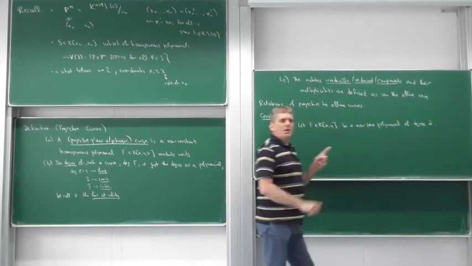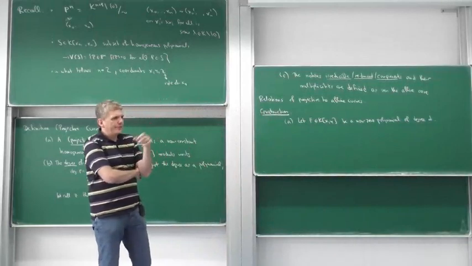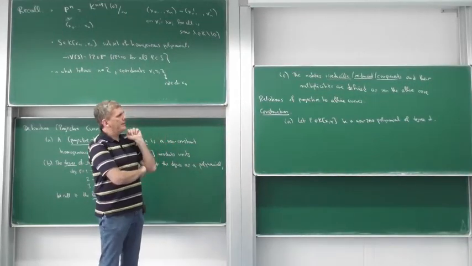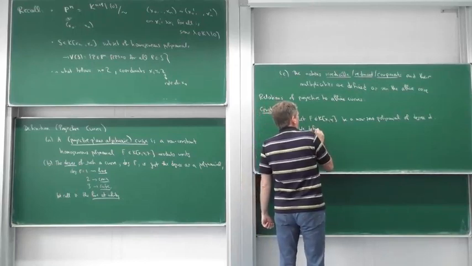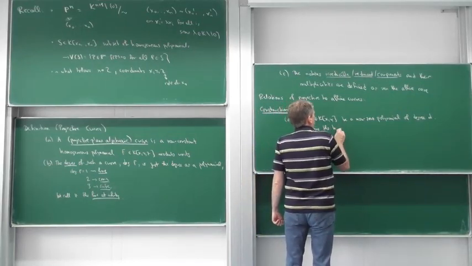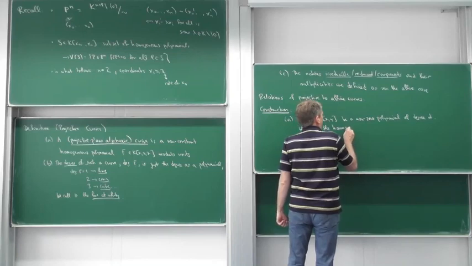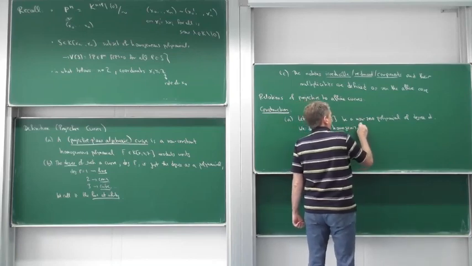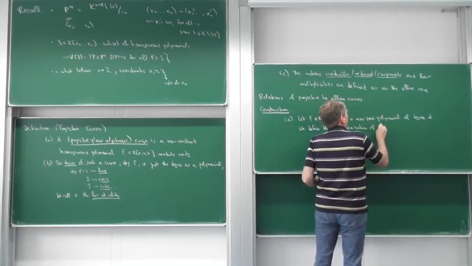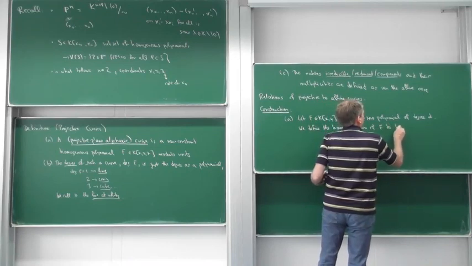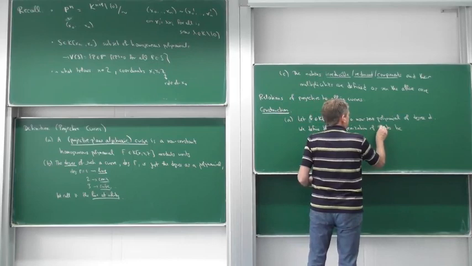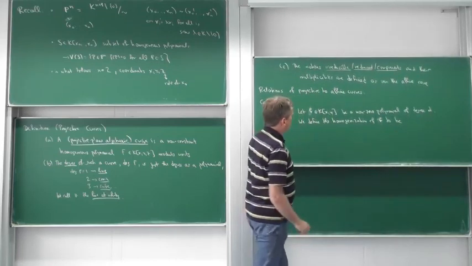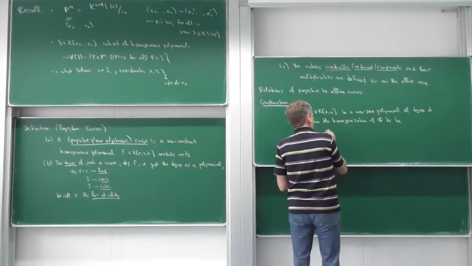Then we define the homogenization by adding another variable to the polynomial such that each term becomes homogeneous. So we define the homogenization of f to be, I denote it with little f because I think of it as polynomials and not as curves at the moment, but you could write capital F as well.